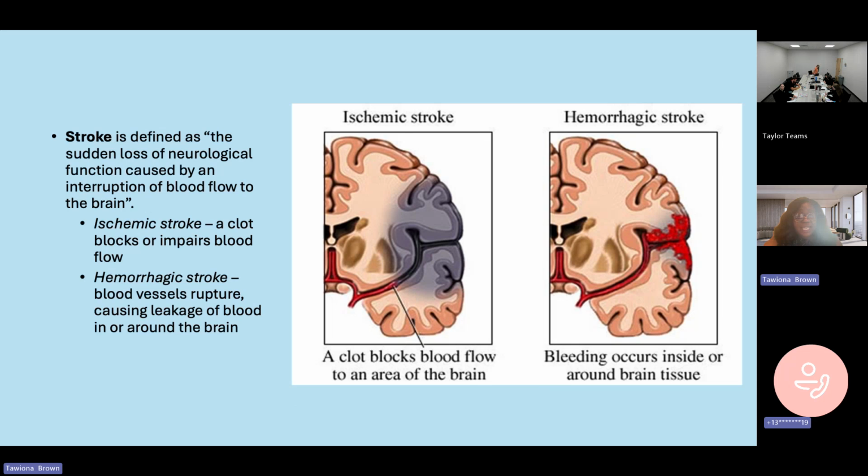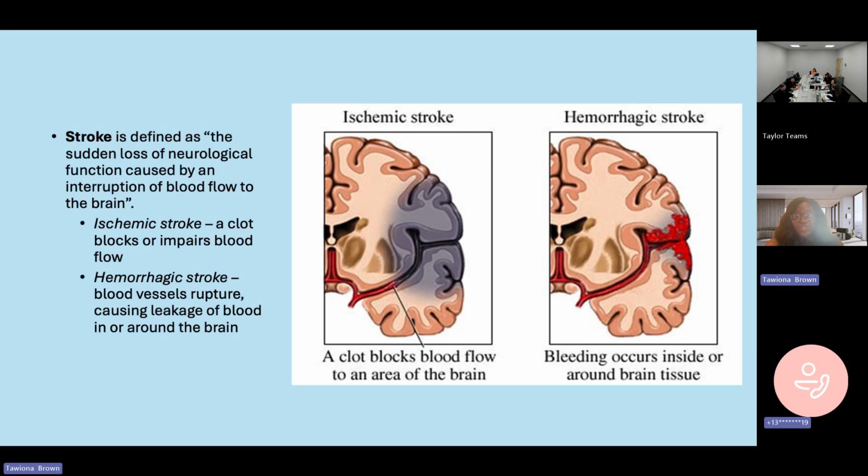An ischemic stroke is basically a thrombus, or a clot. A thrombus is a clot, they're the same thing. And it's going to block and impede blood flow, or restrict blood flow to certain areas or within areas of the brain. With a hemorrhagic stroke, blood vessels are going to burst, and it's going to cause a leakage of blood in or around brain tissue.